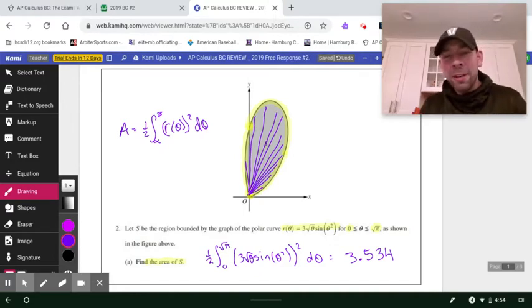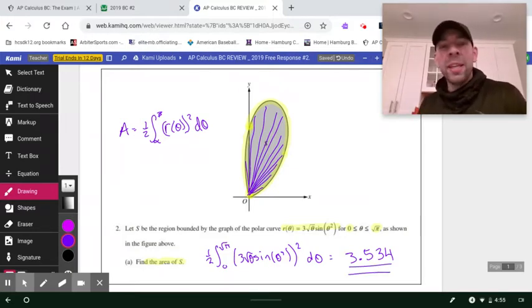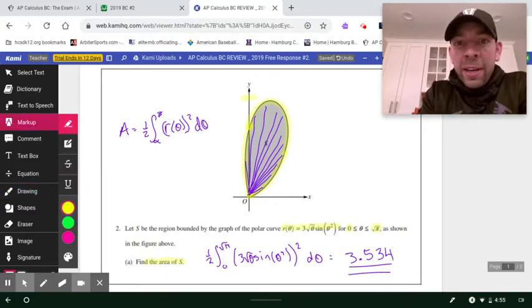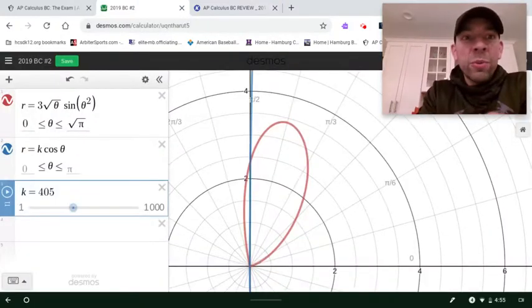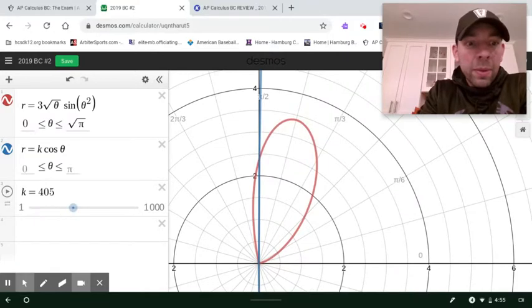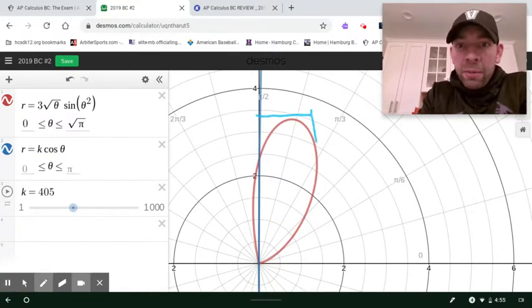It's a tough number to get a ballpark idea of, to see if it's really reasonable. Maybe you're expecting the answer to be bigger. We don't know this y value or this x value, so I really don't know how big that region is. But what you could do with your calculator, and I'm going to switch over here to polar mode, is roughly put a rectangle around this bear. Oh, geez, that's not good.